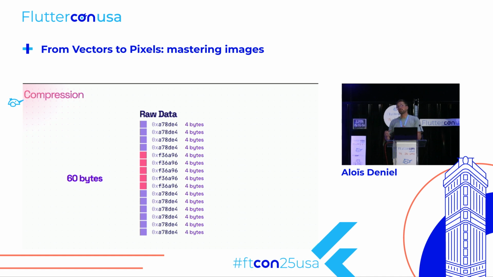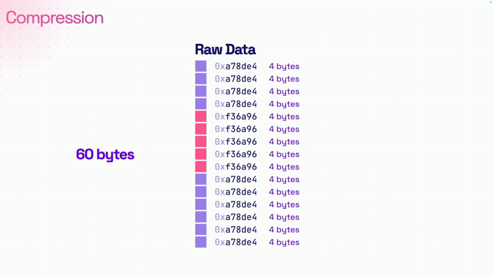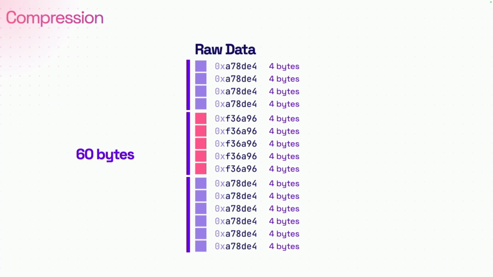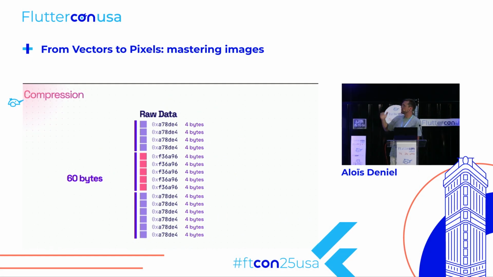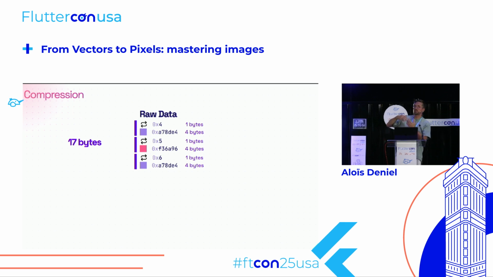Also, since it uses a lot of storage, it's important to consider compression in order to save storage before loading it on the GPU. And for that, you have various algorithms. For example, if we take this simple example with consecutive pixels that have similar values, you could decide to group them and just prefix each group of pixels by the number of pixels, and you save a lot of memory.